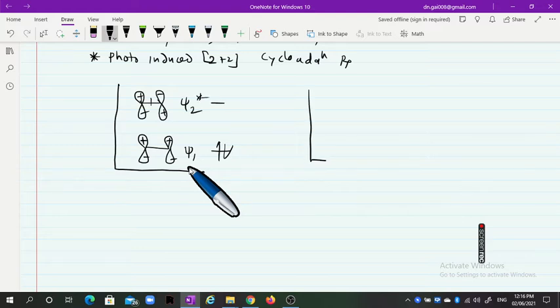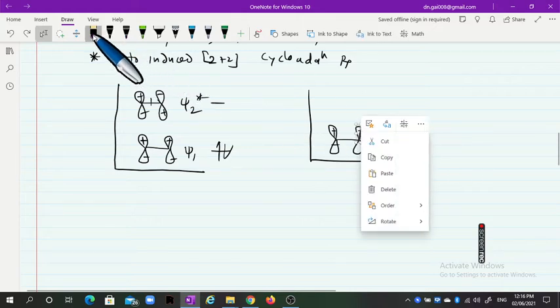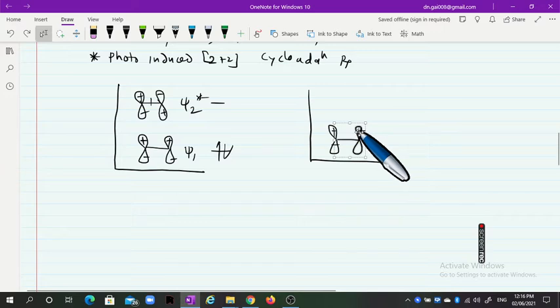Therefore, the second one is positive, negative, positive, and negative. Correct? Let us draw this.